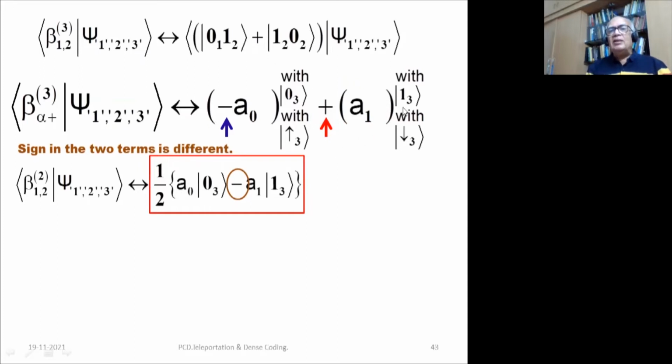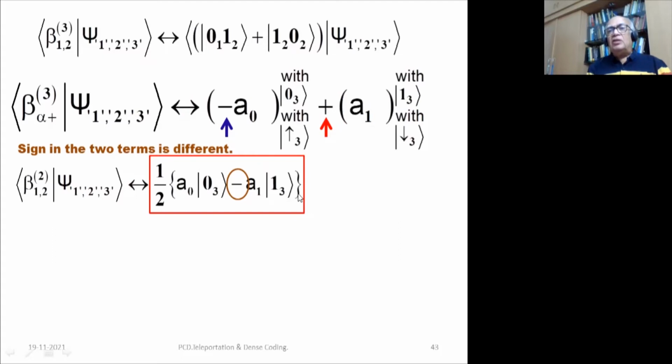And it also has 1 scaled by a factor A1 coming from the second term. But be careful, this time these two have opposite signs, whereas in the previous example, both of them had the same sign. And now we know the state of superposition of qubit number 3. It is A0, 0 minus A1, 1.